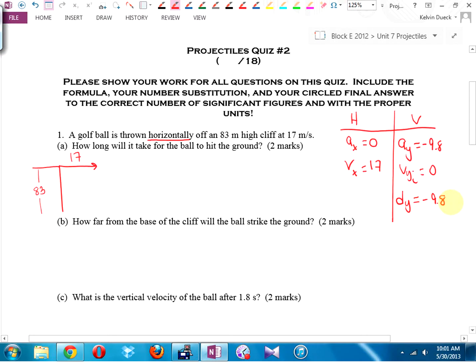So I'm going to use d equals v_i t plus a half a_y t squared. But that's zero. In fact, time equals the square root of 2d over a. It's going to be the square root of 2 times negative 83 all over negative 9.8.